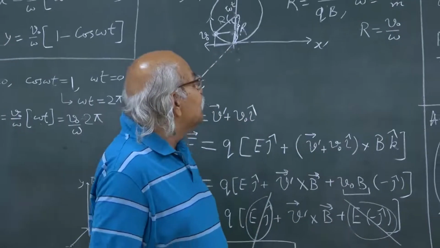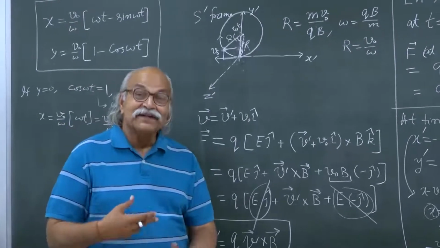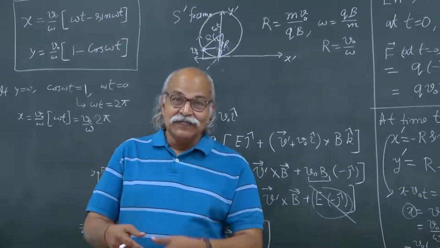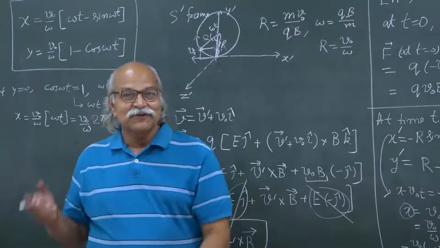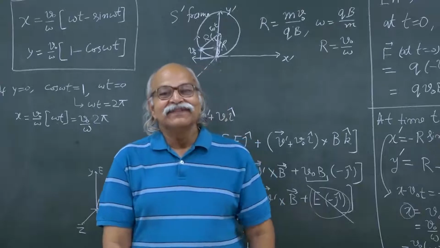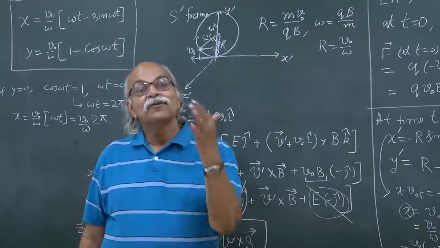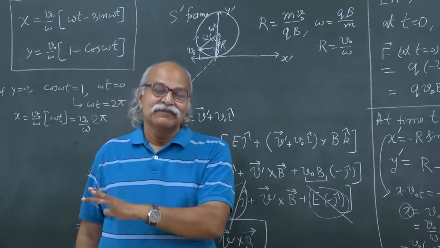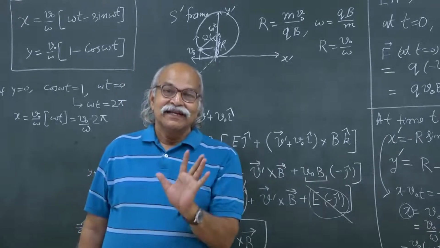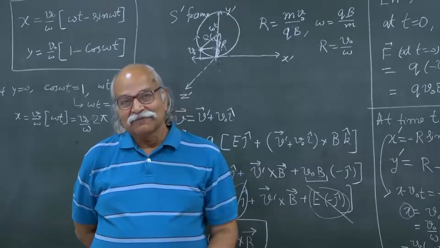And then because of the electric field, the charged particle started moving, and once it started moving, the magnetic force was also operative, Q V cross B. And then we discussed the entire story, that how the path of the particle, or position of the particle, can be obtained as a function of time.